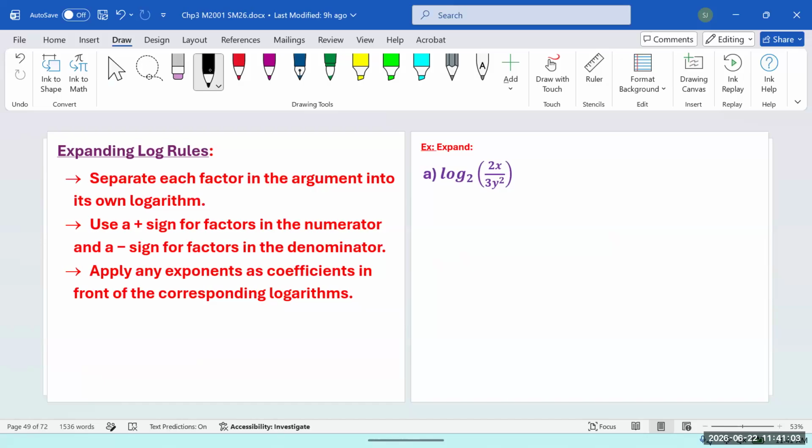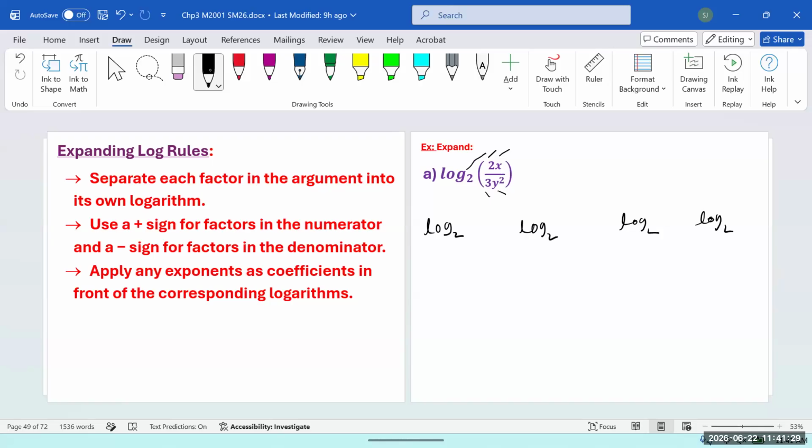For example, here we have log base 2 with all of these things. So we have 1, 2, 3, 4 factors in our log. That means we are going to write log base 2, log base 2, log base 2, log base 2: four elements. The number of elements means the number of logs.